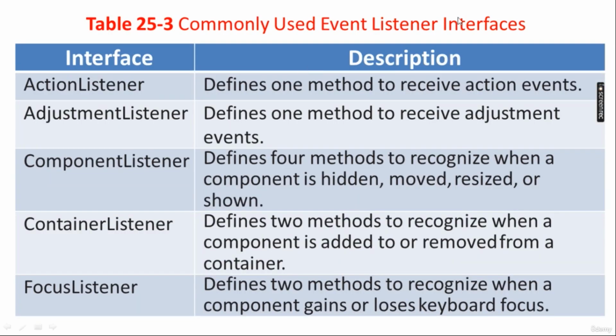Commonly used event listener interfaces: ActionListener defines one method to receive action events. AdjustmentListener defines one method to receive adjustment events. ComponentListener defines four methods to recognize when a component is hidden, moved, resized, or shown. ContainerListener defines two methods to recognize when a component is added to or removed from the container. FocusListener defines two methods to recognize when a component gains or loses keyboard focus.